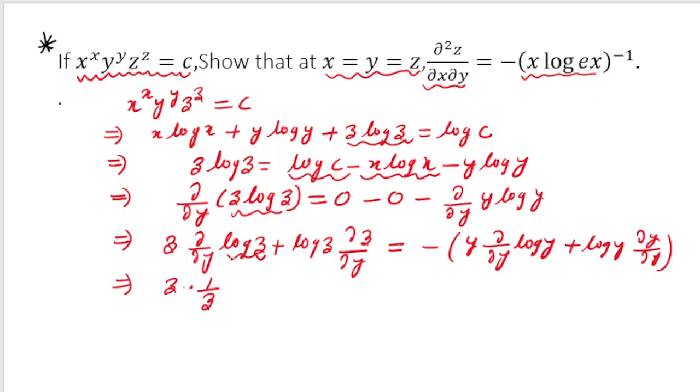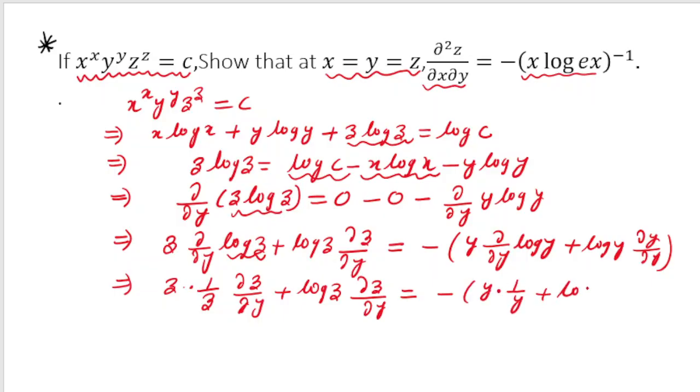So I will get 1 by z, and then I will write del z by del y. Okay, and here we have log z, and I will write del z by del y, and this is equal to minus y into 1 by y plus log y. Del y by del y will become 1, so this cancels.